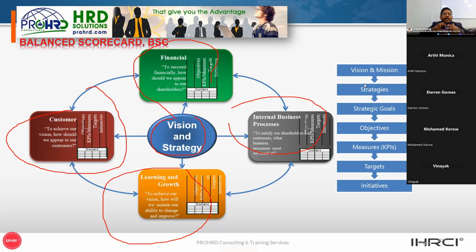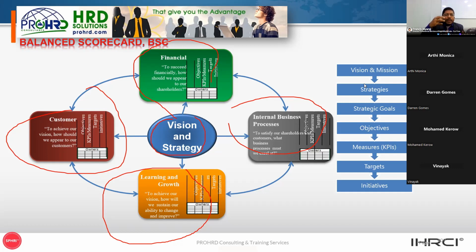A typical balanced scorecard classifies objectives into one of the 4 perspectives. As you see here, from the strategy goal: financial perspective, customer satisfaction, internal business process, and learning and growth. Each objective is associated with one or more measures that permit organizations to gauge progress towards the objective.